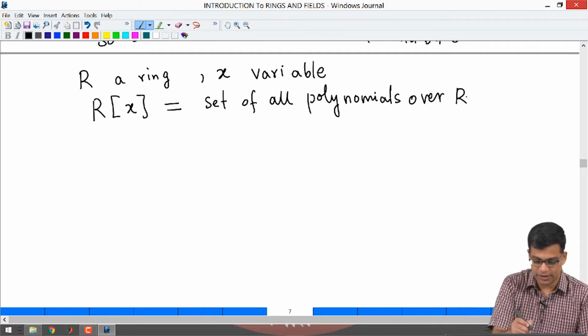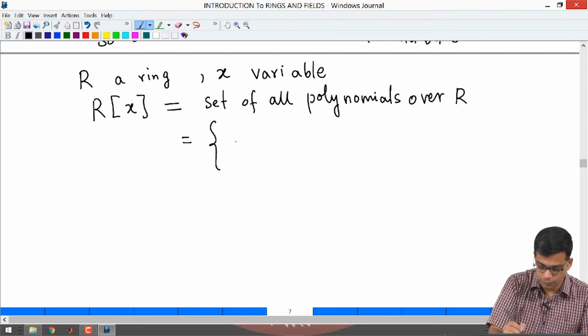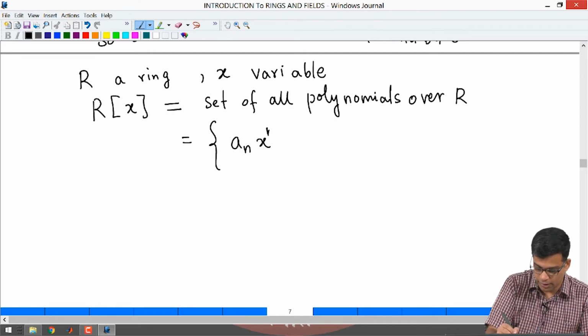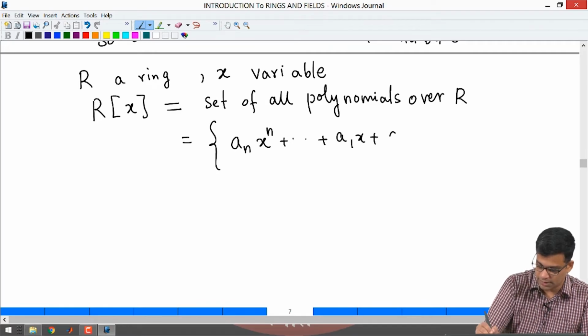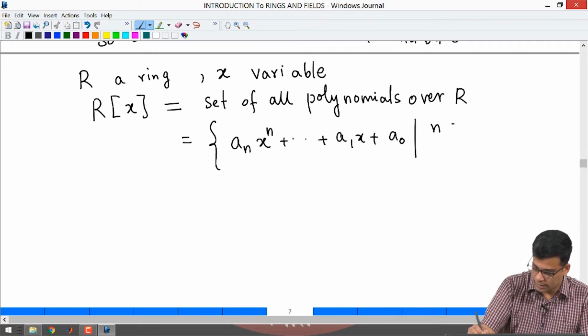These are expressions of the form a_n x^n plus ... plus a_1 x plus a_0, where n is a natural number and the a_i's are all elements of the ring R.